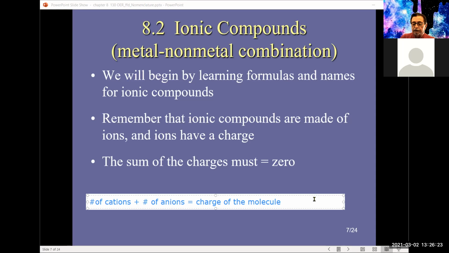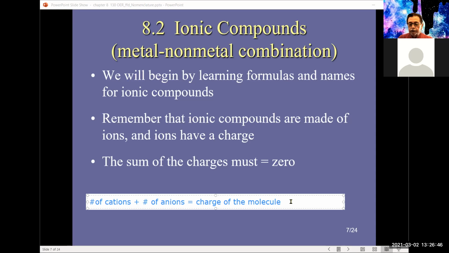And you can use this formula to do 2 things. One, using this formula, keeping this in mind, tells you how many cations and anions I need to put together so they equal 0. The sum of all charges must equal 0.